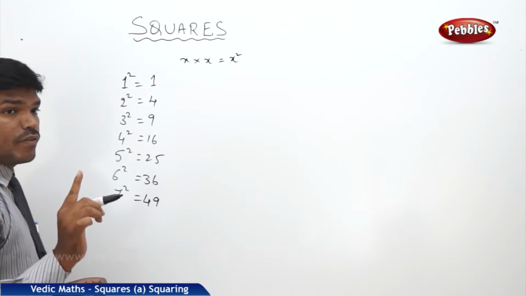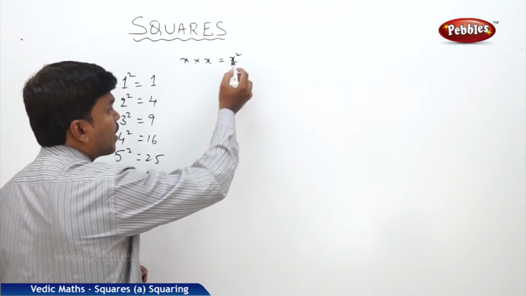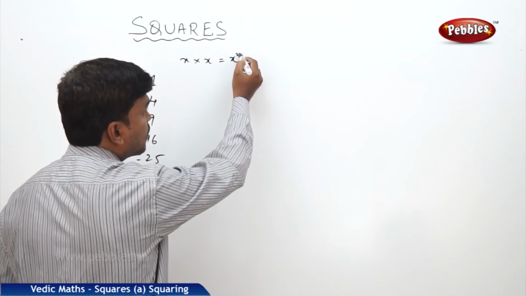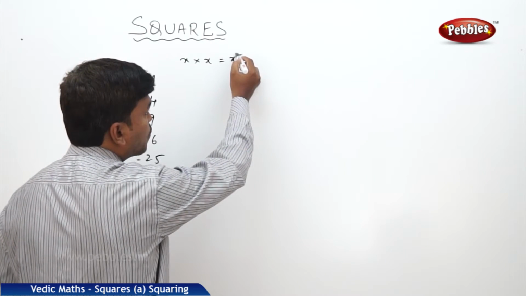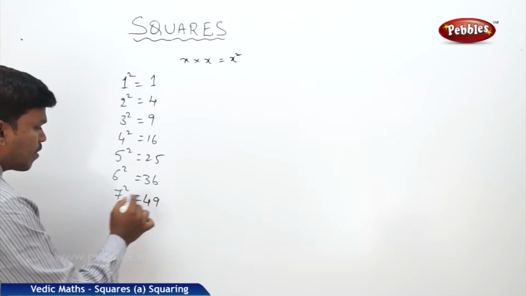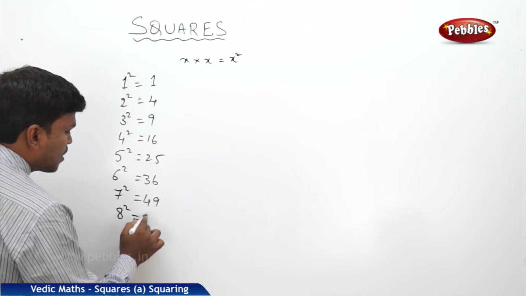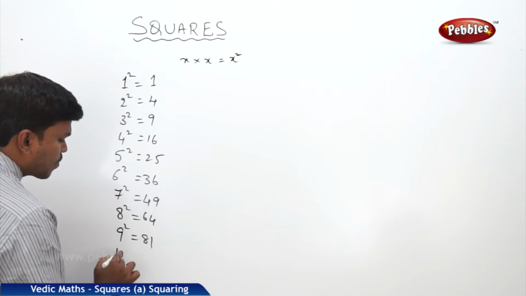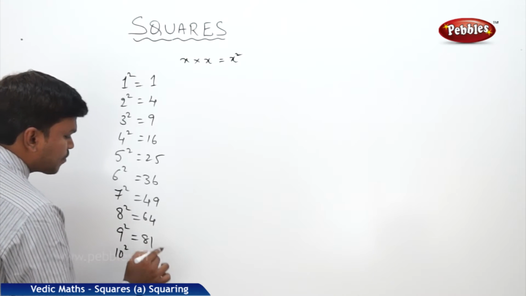And one more thing I want to tell you, the symbol for the square is we have to put a power 2 on the top of the number, like this. This is the square symbol. 8 square, 64. 9 square, 81. 10 square, 100.